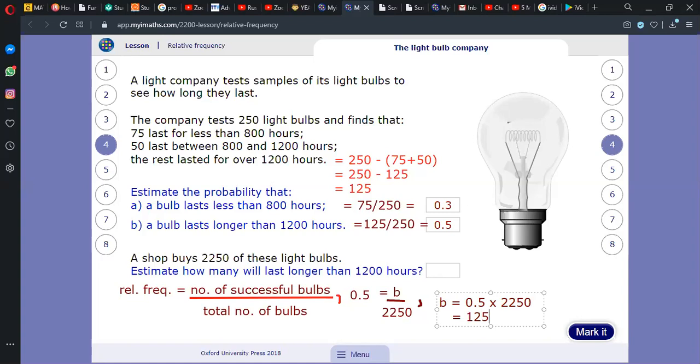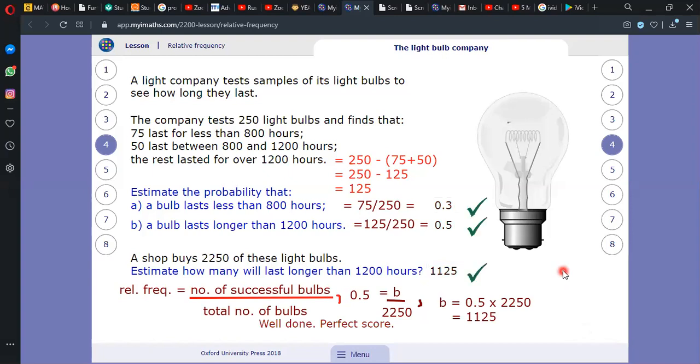So 1125 is the number of bulbs we're going to expect to be successful out of the 2,250 bulbs that we have here. Putting that down very quickly inside the box, 1125, and then we mark it all correct. Well done, perfect score.